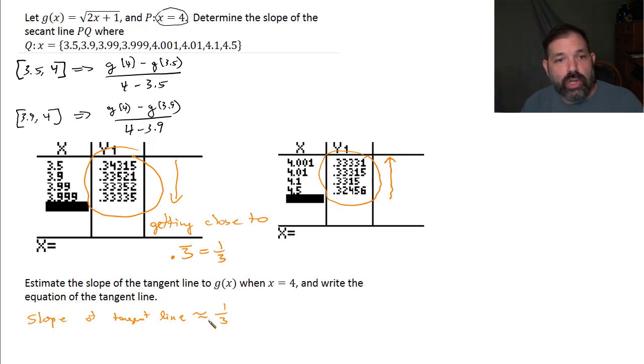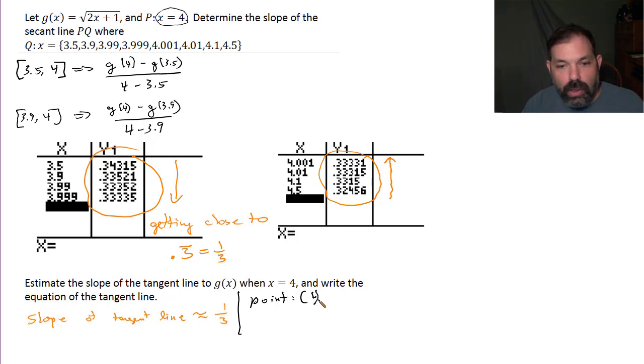Okay, now write the equation of the tangent line. Well, now that we know the slope, we need the point. When x was 4, the output was 3, wasn't it? g of 4: 2 times 4 is 8, 8 plus 1 is 9, the square root of 9 is 3.